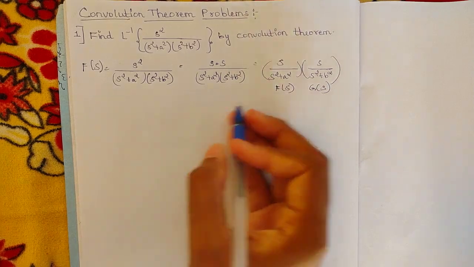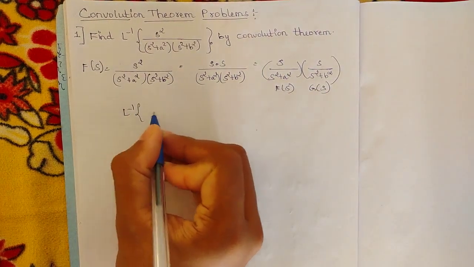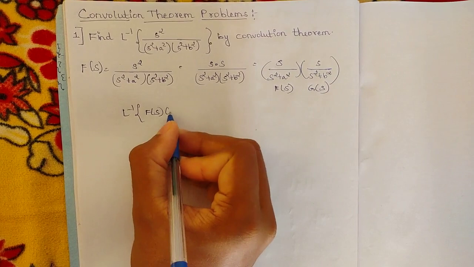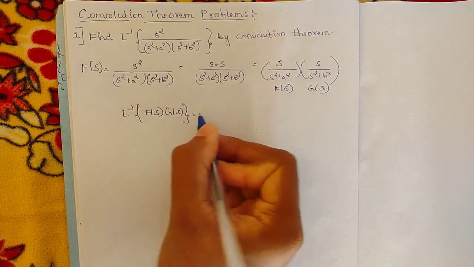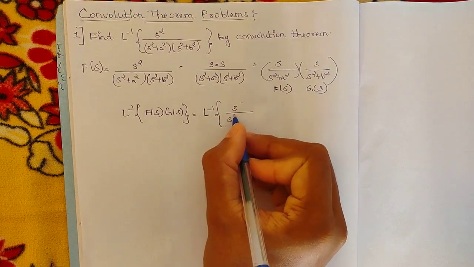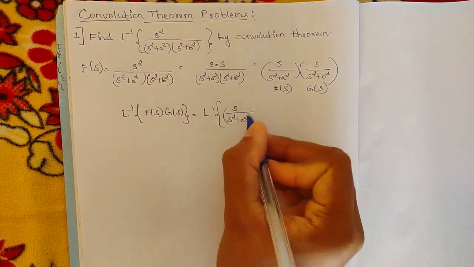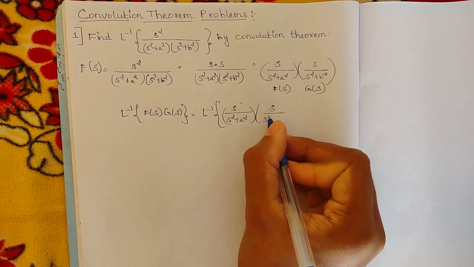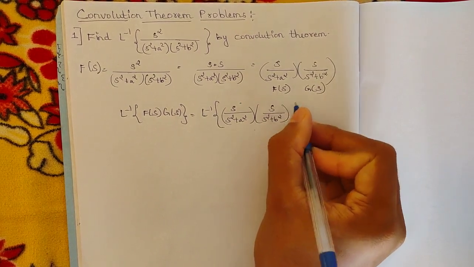L inverse of f of s into g of s can be written as L inverse of s divided by s square plus a square into s divided by s square plus b square.